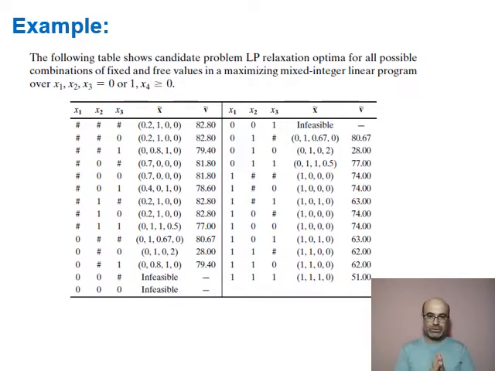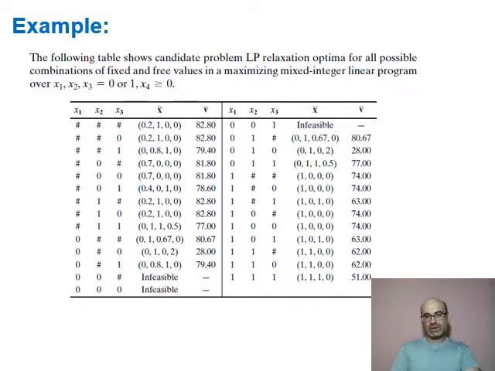What we are going to do is solve an optimization problem, which is given as a maximization problem. It's a mixed integer programming formulation in which x1, x2, and x3 are binary, but x4 is a continuous decision variable.